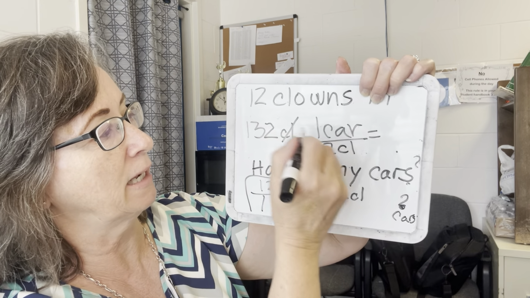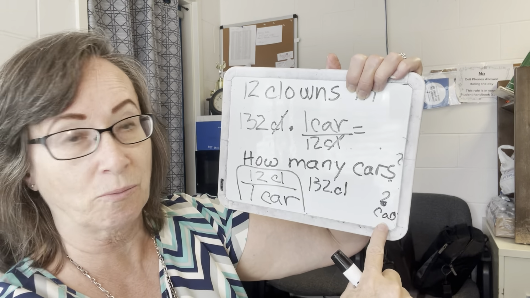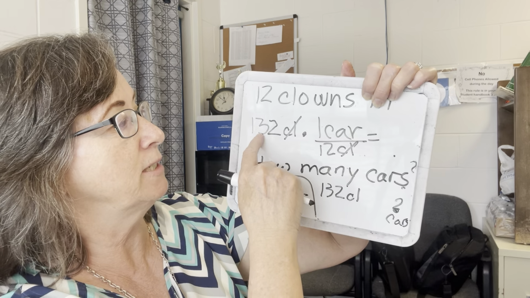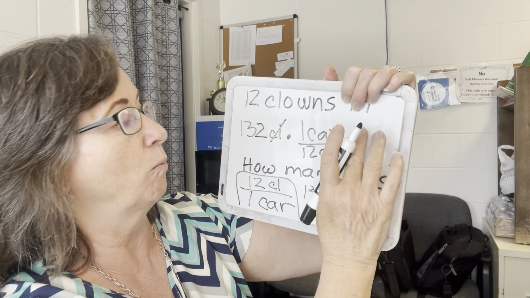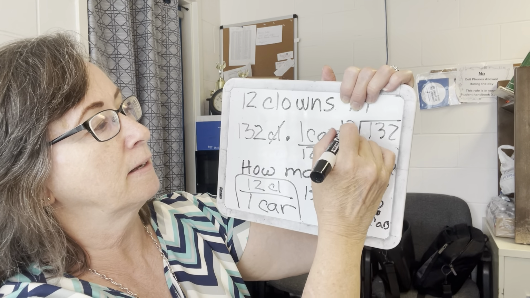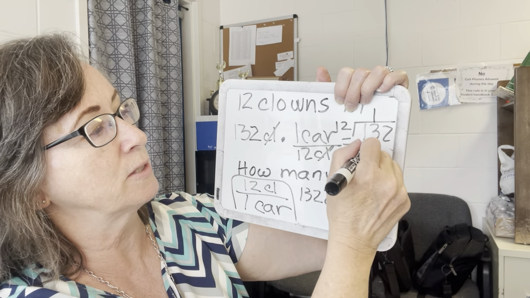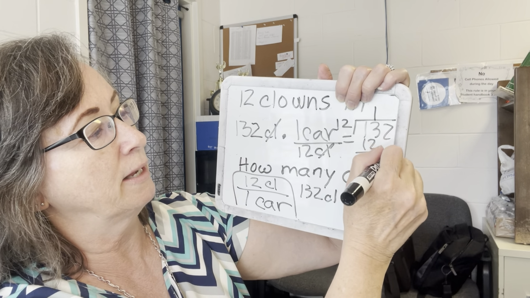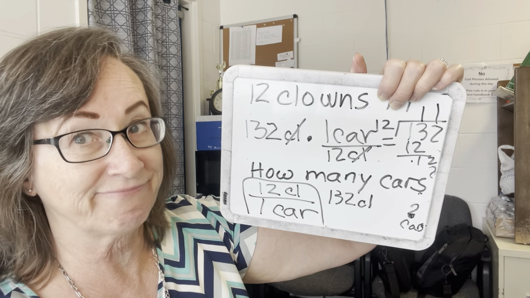Can you see how clowns will now cancel clowns, leaving me with cars, which is what I want? So I'm going to divide 132 by 12. So 132 divided by 12 is going to be 12 into 13 is 1. 1 times 12 is 12. 1 and 12. We're going to have 11 little cars.